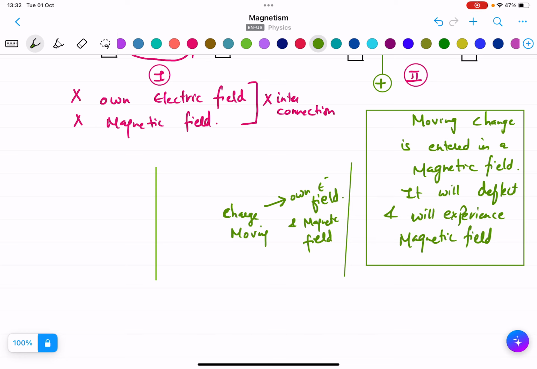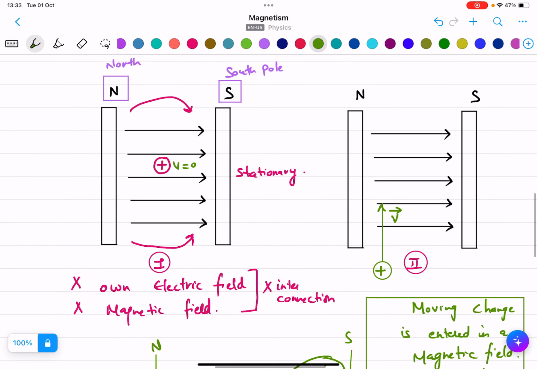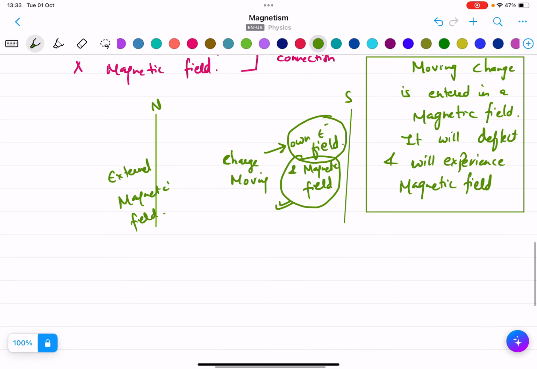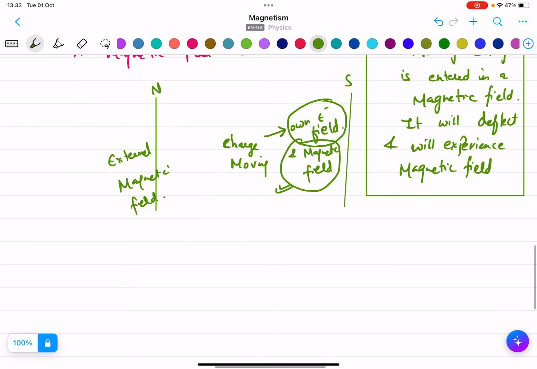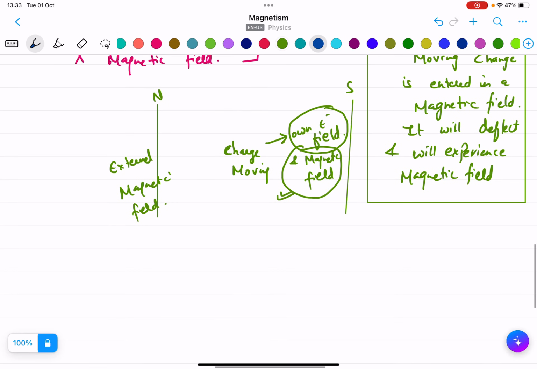When a charge is moving, it has its own electric field and own magnetic field, and now this magnetic field will experience the external magnetic field. What is the external magnetic field? This north and south plate, like this is north and this is south. These are the external magnetic field. So what will happen? The magnetic field the charge has will interact with the external magnetic field. Okay, so I can write in points.